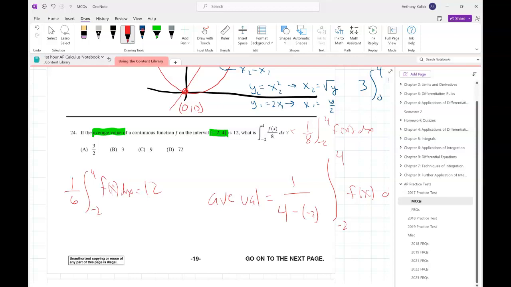I can just pull that 1/8 out front. So I'm going to multiply both sides by 6 over 8. That'll get rid of the 1/6 out front and replace it with a 1/8. Everybody feel good there?